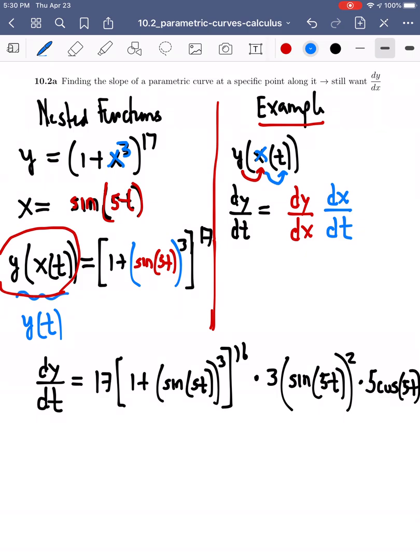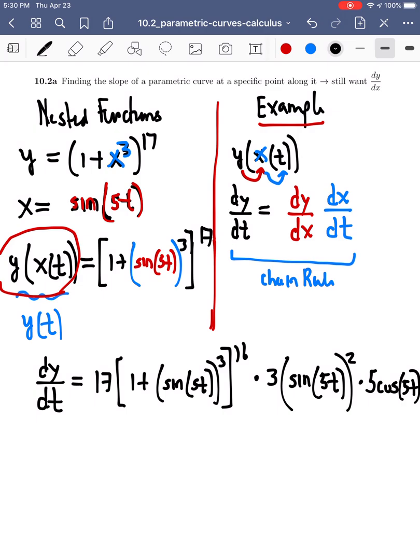Okay. So this is exactly the chain rule. And if we look at what we did down below, we first differentiated with respect to x. Well, let's take a look at that.